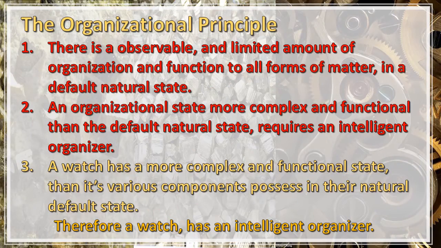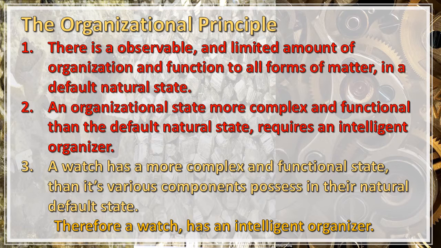So we can agree that premise 1 and premise 2 are true, based on our observations and reason. And we conclude so far that an organizational state more functional and complex than the default natural state requires an intelligent organizer, like a watchmaker or Mom.